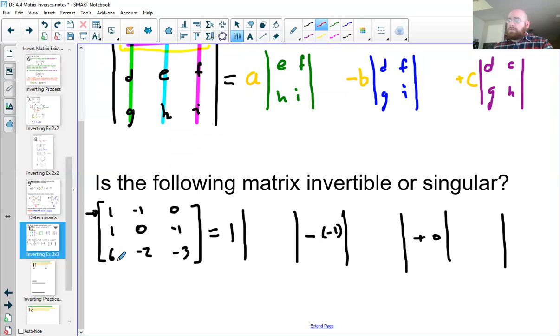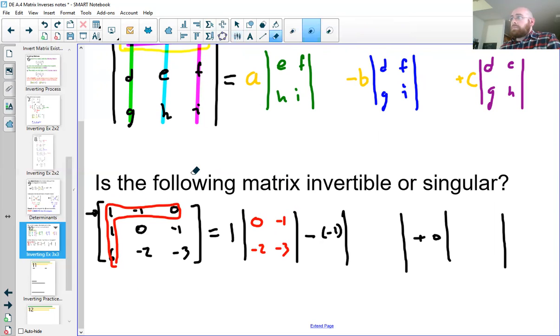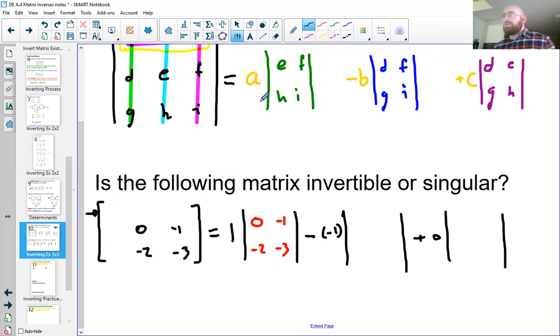So in the first one, if I cross out the first column and the first row, what's left over is 0, 1, -2, -3. I'll just rewrite the numbers.